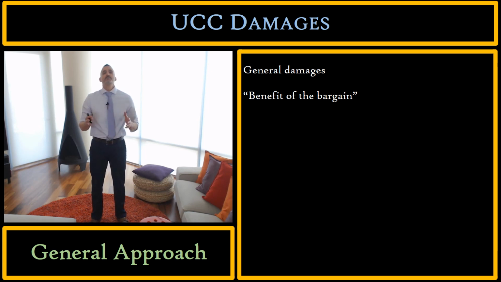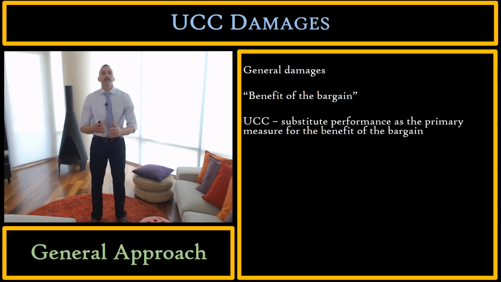She would have been better off if the other party had performed her obligations under the contract, and so we have to kind of replicate that by giving the aggrieved party a sum of money that will put her in as good a position as she would have been had the contract been performed.